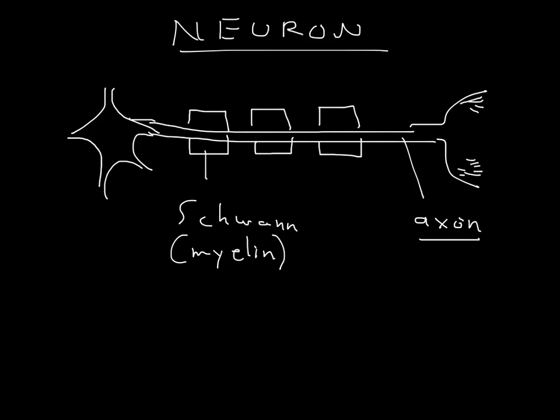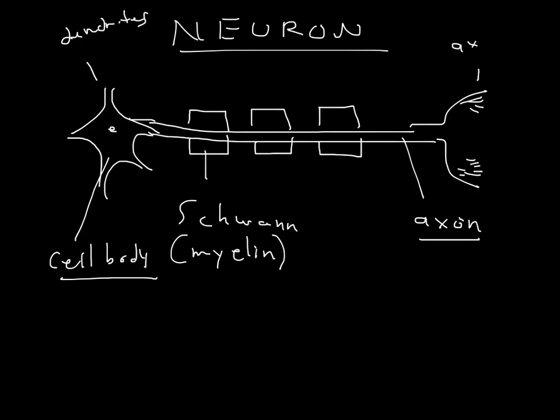I'll say it that way. We have the cell body over here. Coming into the neuron, we have dendrites, the input region. The axon is the output region, and we have axonal or axon terminals here.